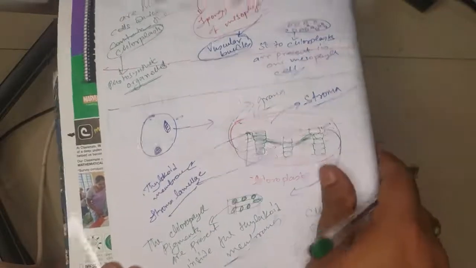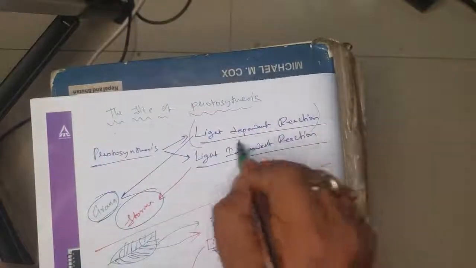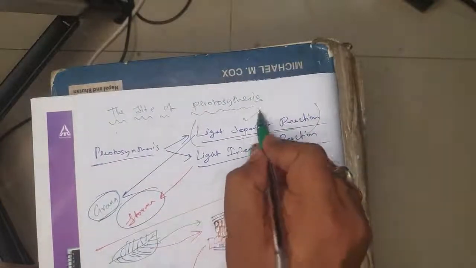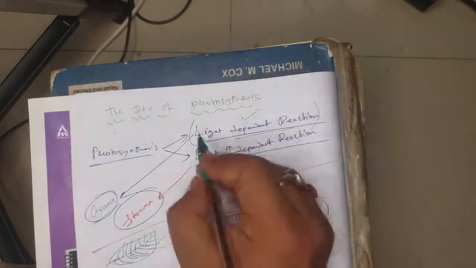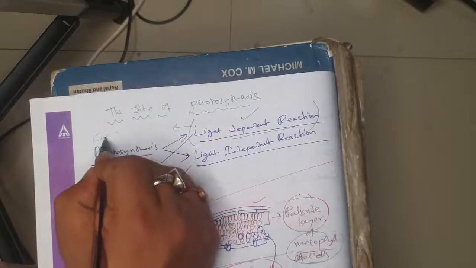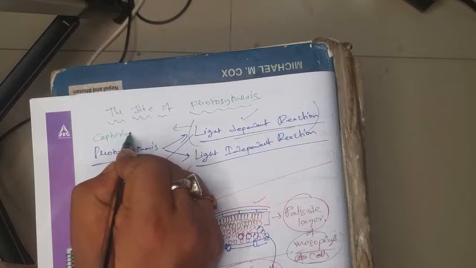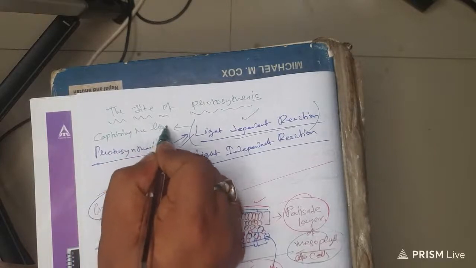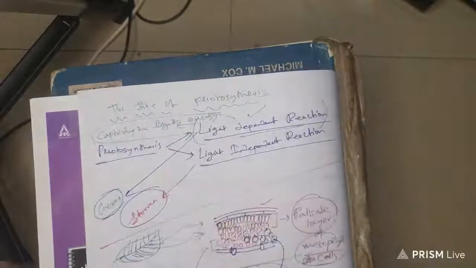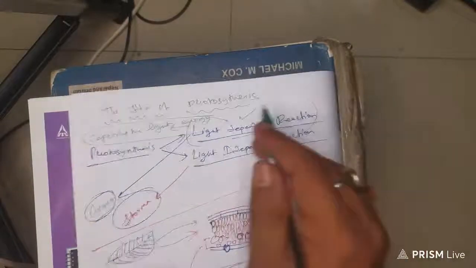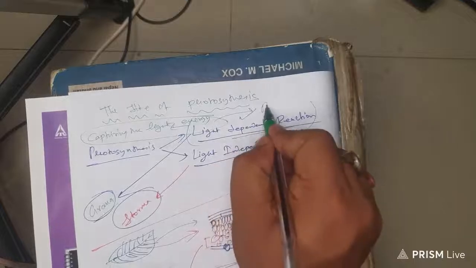Now, what is light dependent reaction? Light dependent reaction means capturing the light energy. In simple language, capturing, harnessing or converting the light energy into reduction potential.